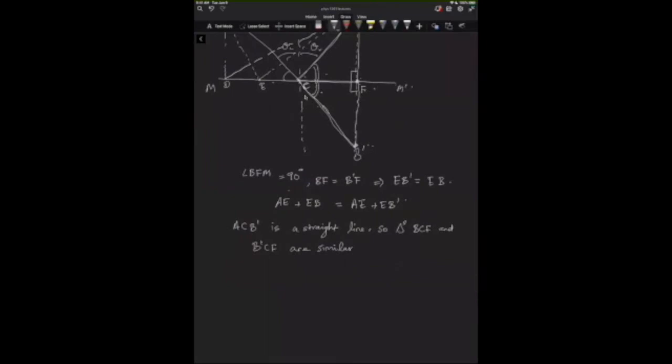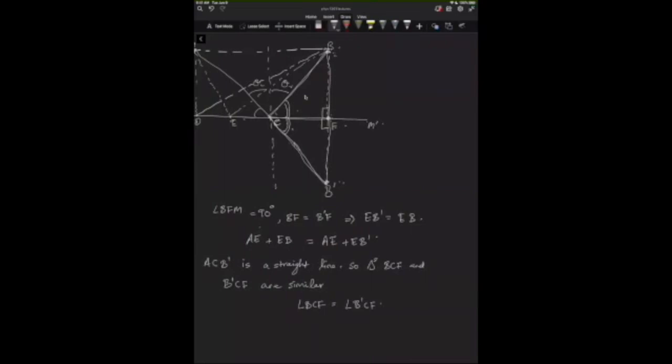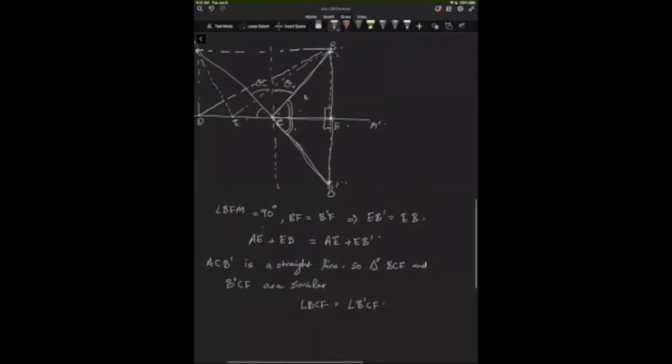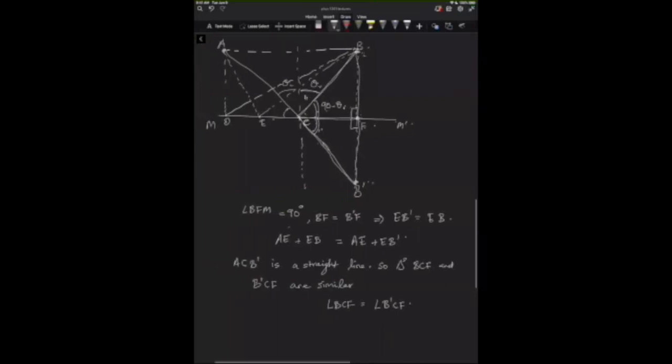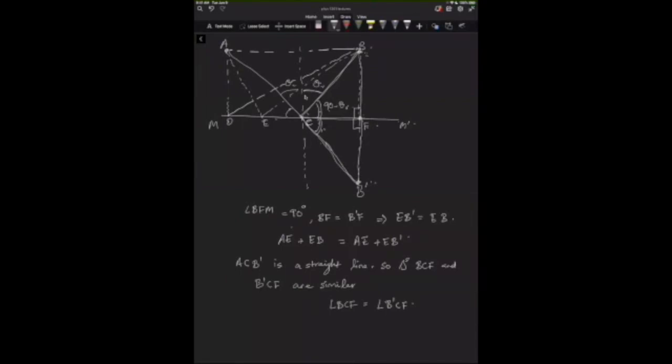So because of this, these two triangles are similar, which, as I just said, makes angle BCF equal to angle B prime CF. And now we can immediately draw some conclusions, because this is the angle theta R. So this must be 90 minus theta R. And this angle I just showed you is the same as this one over here, which is the angle ACM, and B prime CF, I already said, has to be equal.